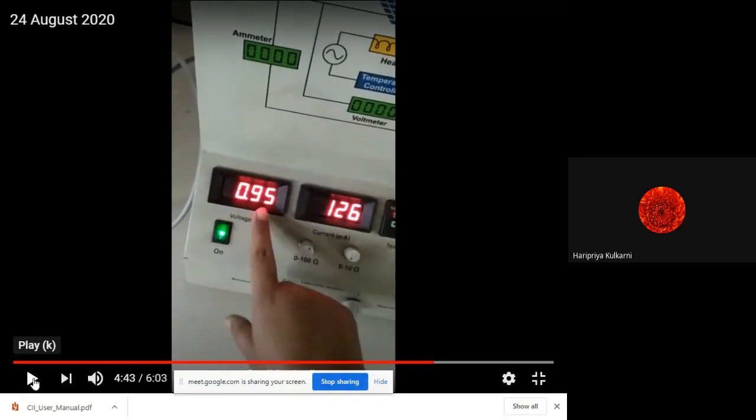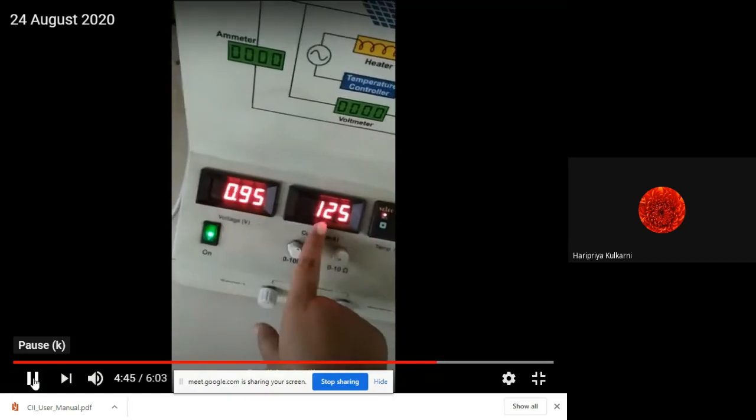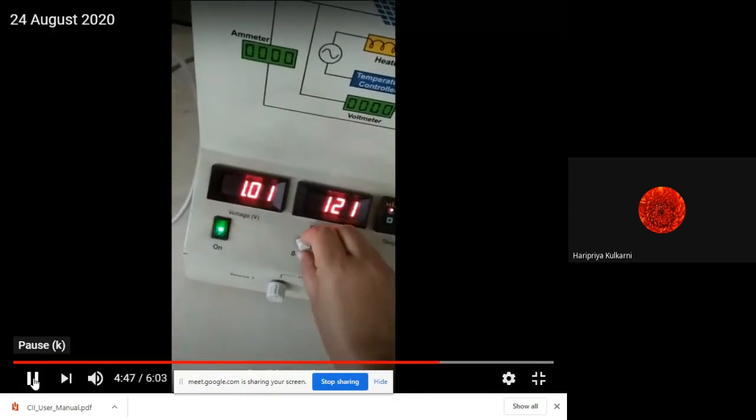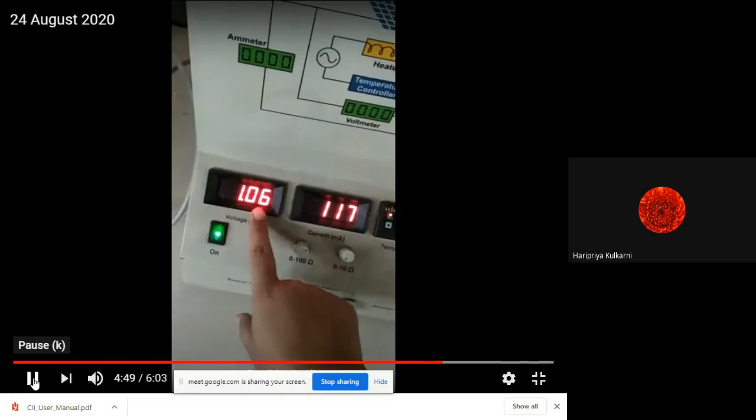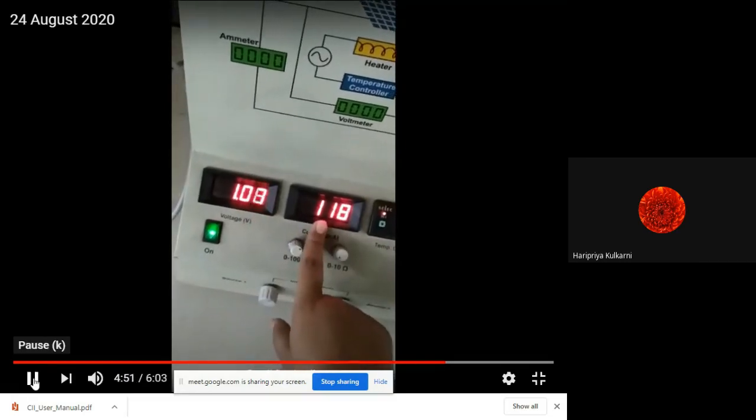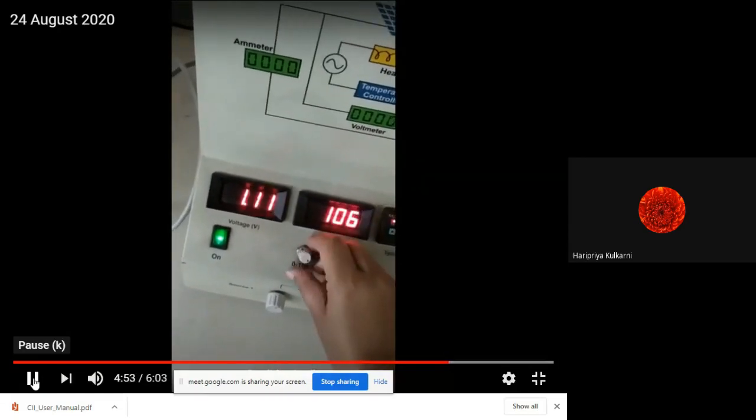Next reading 0.95 volt, 126 milliampere. Okay, let us have next reading 1.06 volt, 116 milliampere. Again variation in load for the next reading.